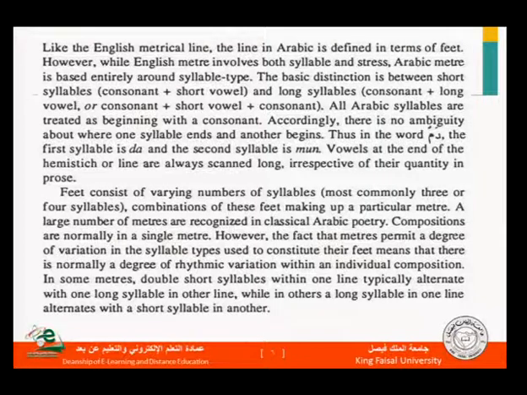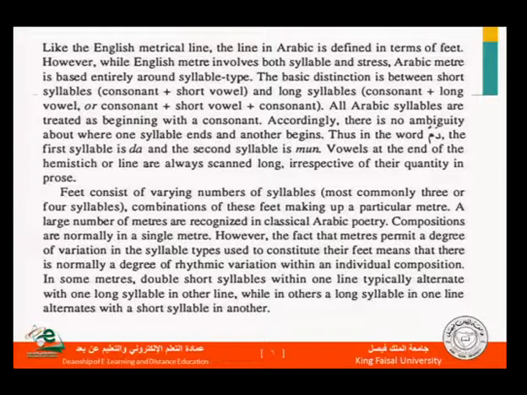A large number of meters are recognized in classical Arabic poetry. Compositions are normally in a single meter. However, the fact that meters permit a degree of variation in the syllable types used to constitute the feet means that there is normally a degree of rhythmic variation within an individual composition. In some meters, double short syllables within one line typically alternate with one long syllable in another line, while in others, a long syllable in one line alternates with a short syllable in another.